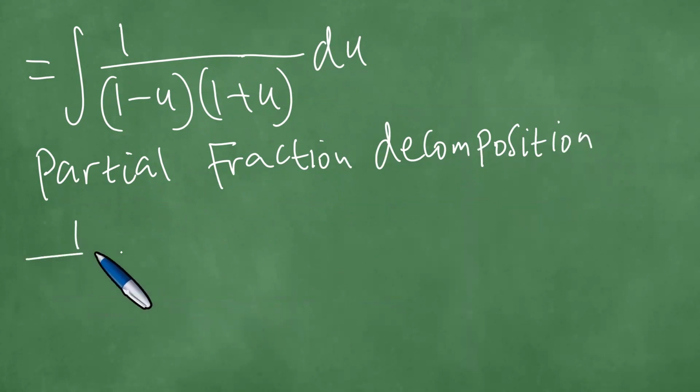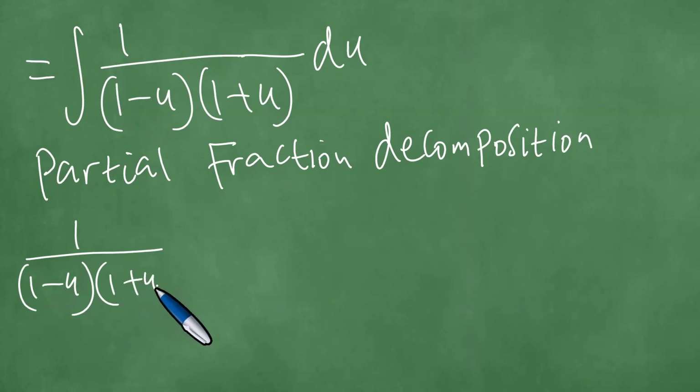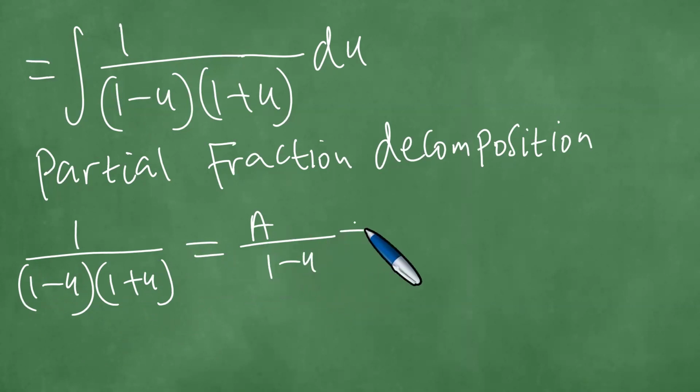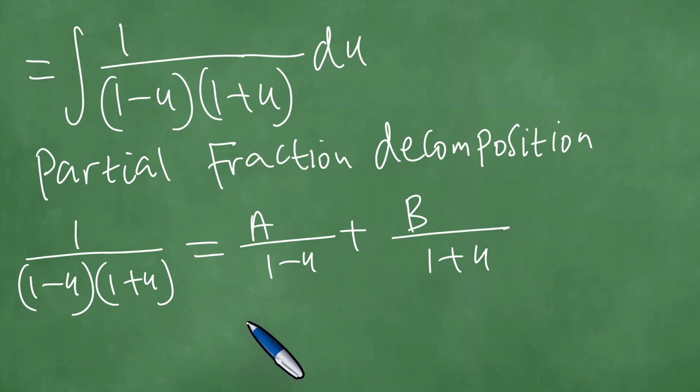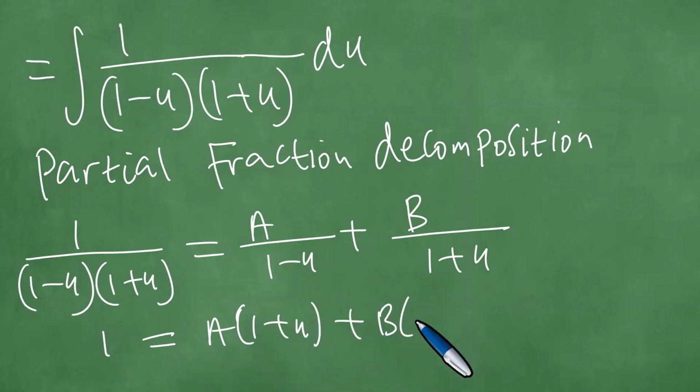And that would then mean that 1 over 1 minus u times 1 plus u is A over 1 minus u plus B divided by 1 plus u. And at this point, if we simplify these, it becomes 1 equals A open bracket 1 plus u, plus B open bracket 1 minus u, like so.